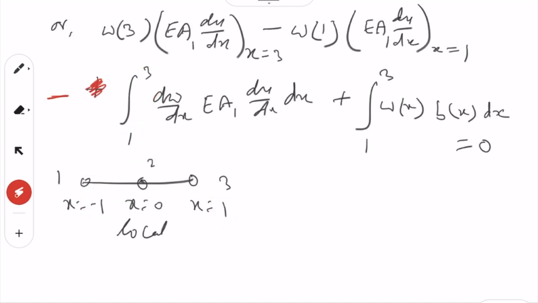The length is the same, so this is just a constant transformation. One is based here, the other will start from here to here.